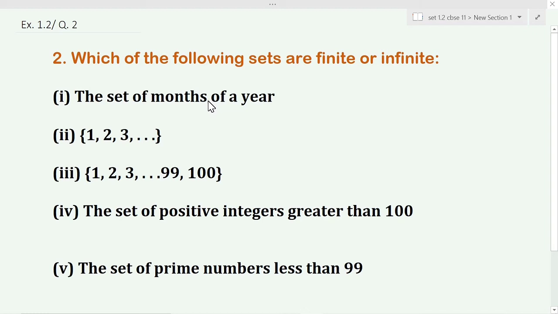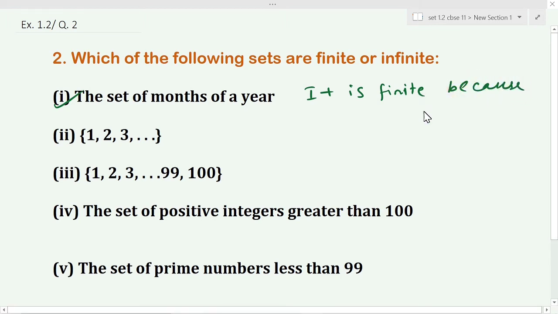That is, the elements of this set are finite. So this is a finite set, because it has 12 elements.